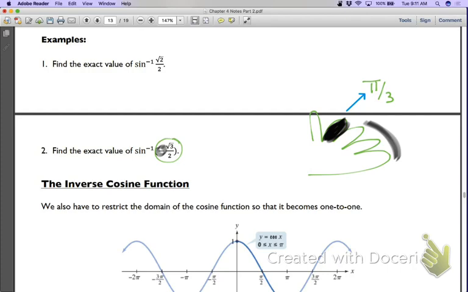So instead of it being a positive, like it was up here on the first one, and it was just pi over 4, this one's a negative, so instead of it just being pi over 3, what's it going to be? Negative pi over 3.